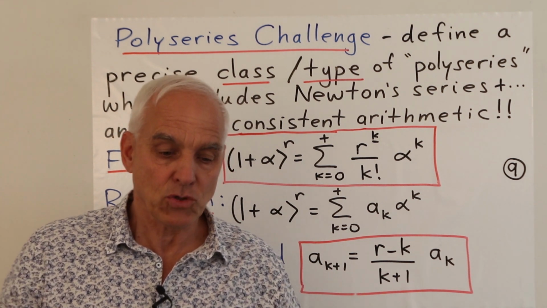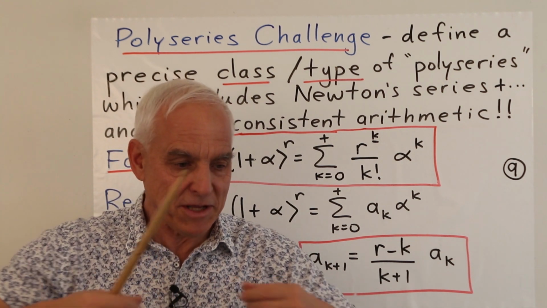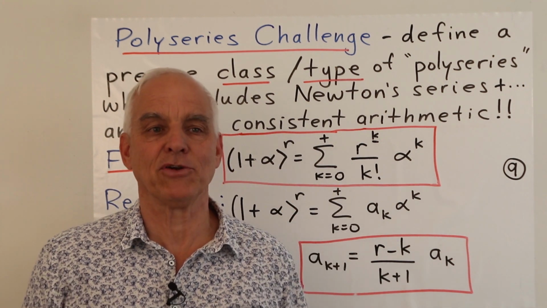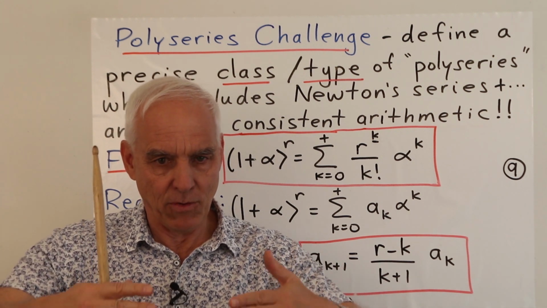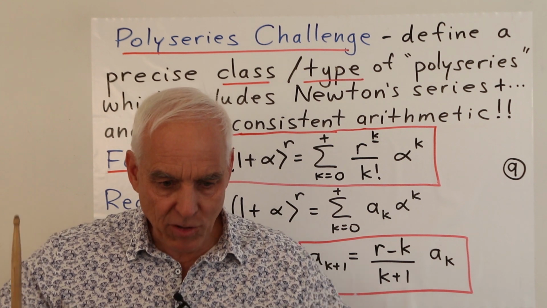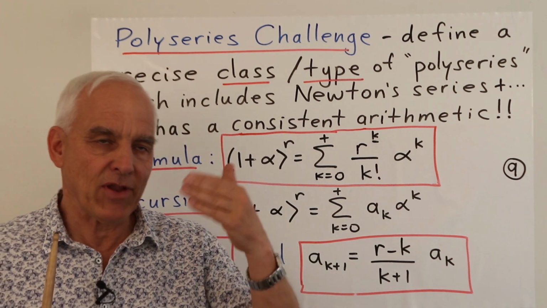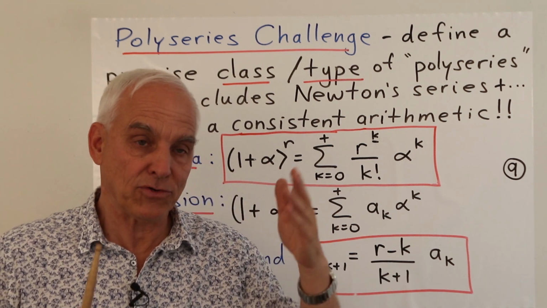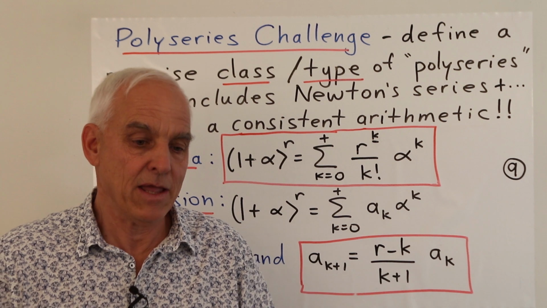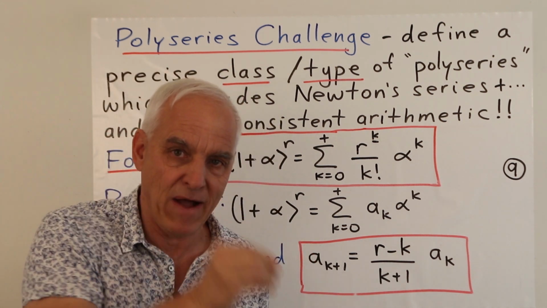So we want to have a framework for arithmetic which includes the main power series that are usually used, but has a consistent arithmetic in a very well-defined context. Okay? So we're not interested in saying, well, we're considering summations from k equals 0 to infinity of a sub k, alpha to the k, because we're required to specify things finitely.